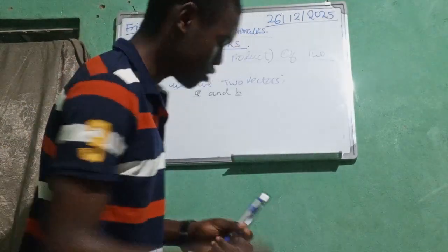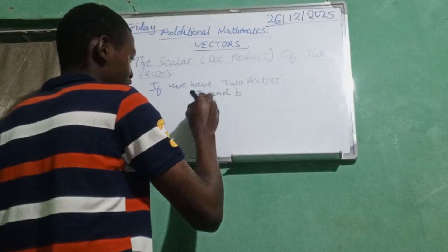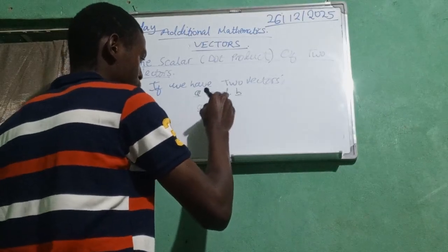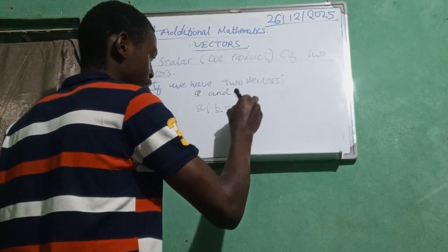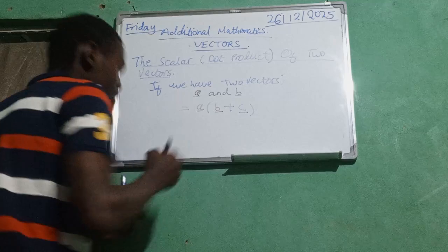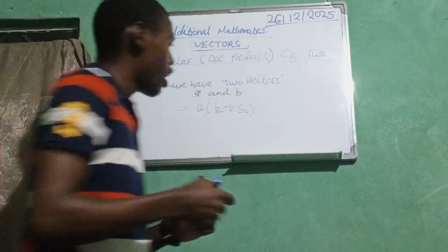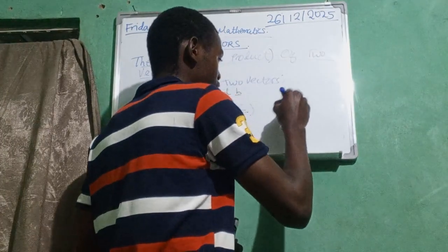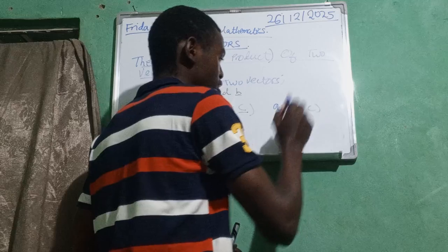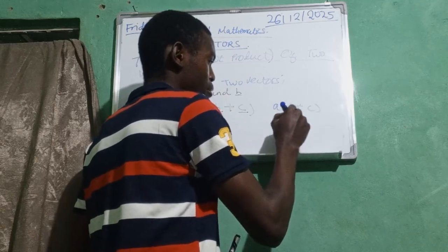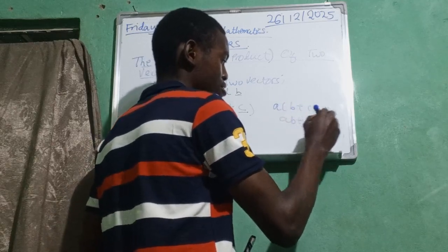What am I trying to say? If we have vector A, vector B plus C, and they tell you to simplify something like this, now if we go back to our normal algebra, A and then B plus C will be AB plus AC.